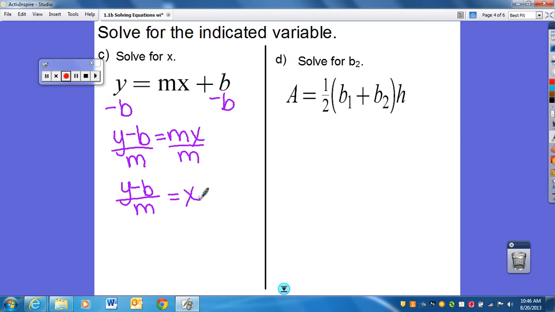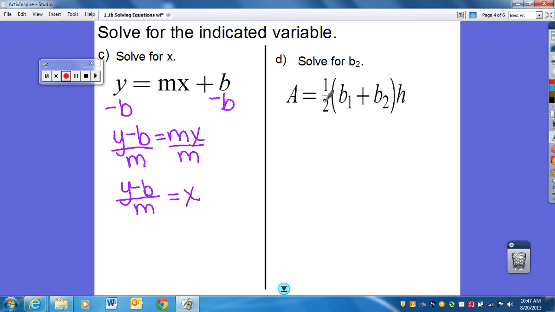In our next example, we're going to solve for b2. We have a lot of things we need to do. We have a equals 1/2 times the quantity b1 plus b2 times h. There are several ways to do this. Here's what I would do first. I want to get rid of the 1/2.